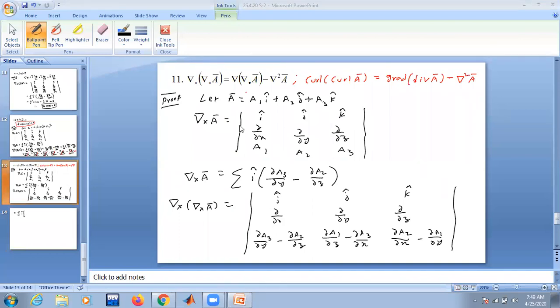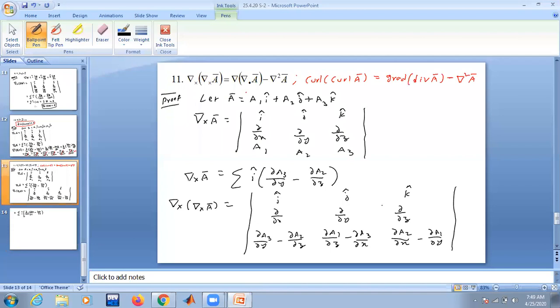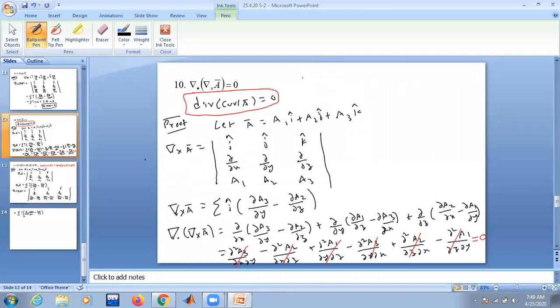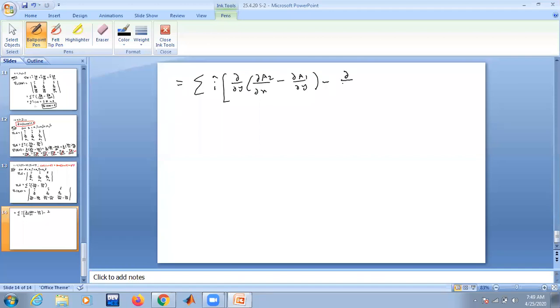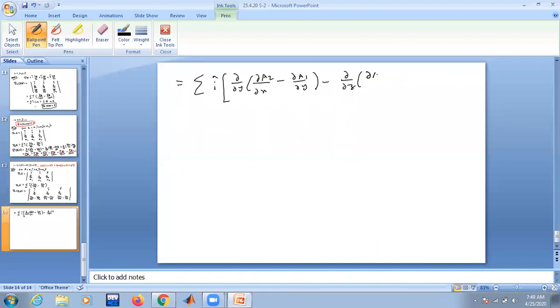If you are writing the notes: dou by dou y of dou a2 by dou x minus dou a1 by dou y, minus dou by dou z of this expression, dou a1 by dou z minus dou a3 by dou x.